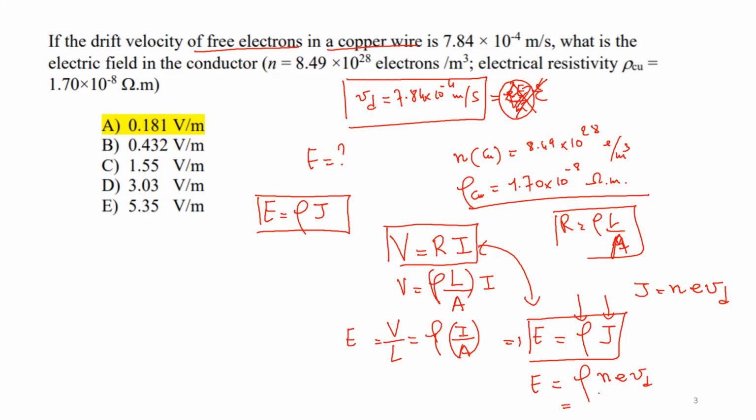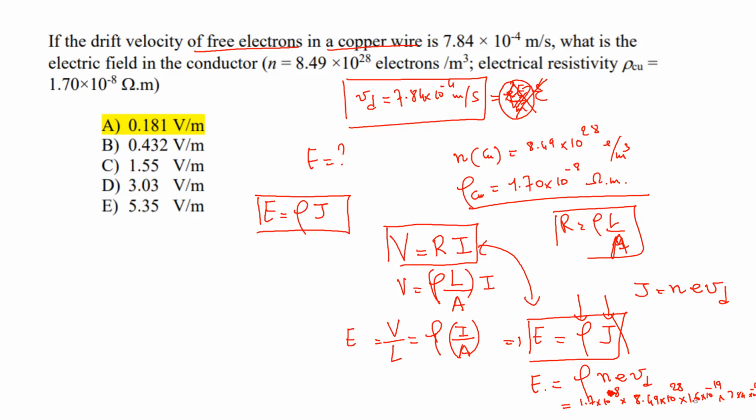Rho is 1.7 times 10 to the power minus 8 ohm meter. N is 8.49 times 10 to the power 28. e is 1.6 times 10 to the power minus 19. And V D is 7.84 times 10 to the power minus 4.